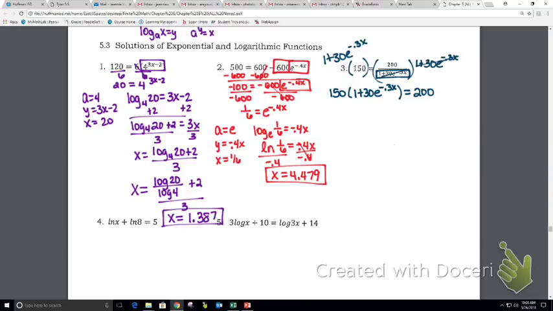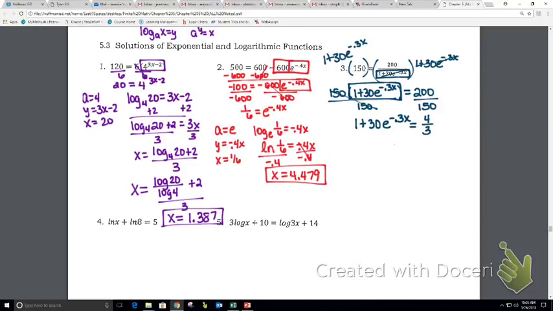Yeah, because now what I'm looking for is inside the parentheses here. I need to get it by itself, so let's just divide by that 150 to get rid of it. If we distributed, it'd just make it longer. And what does that reduce to?